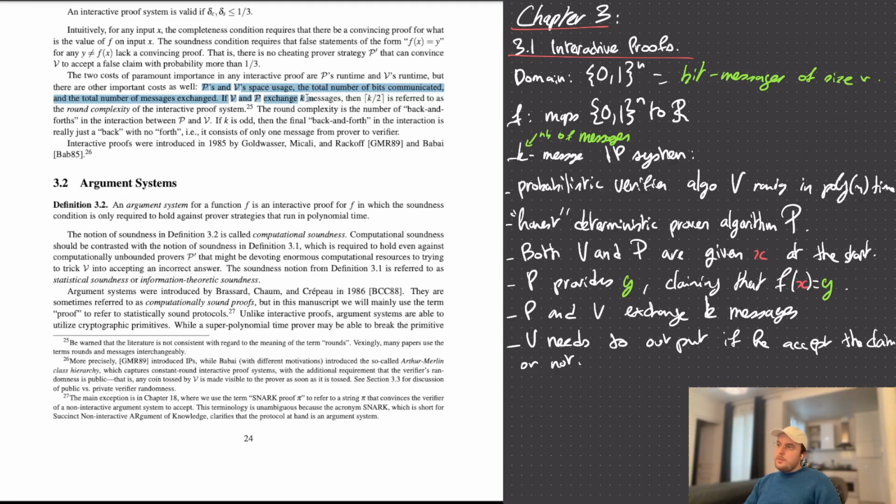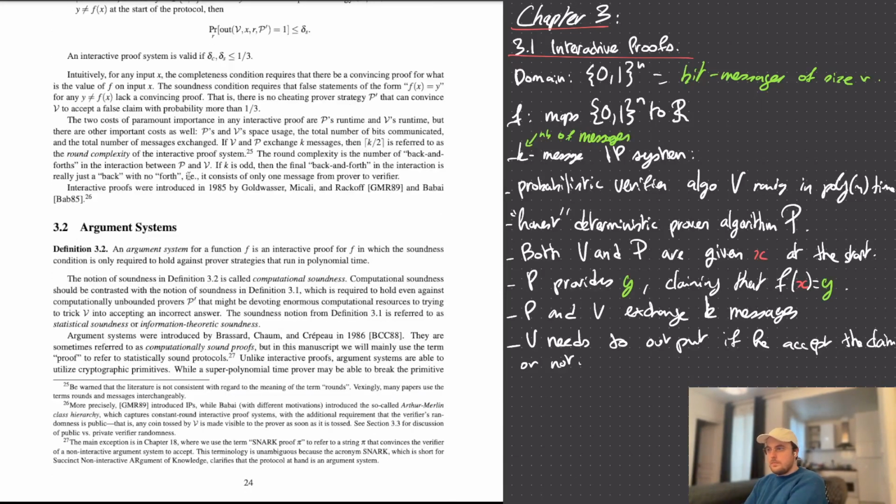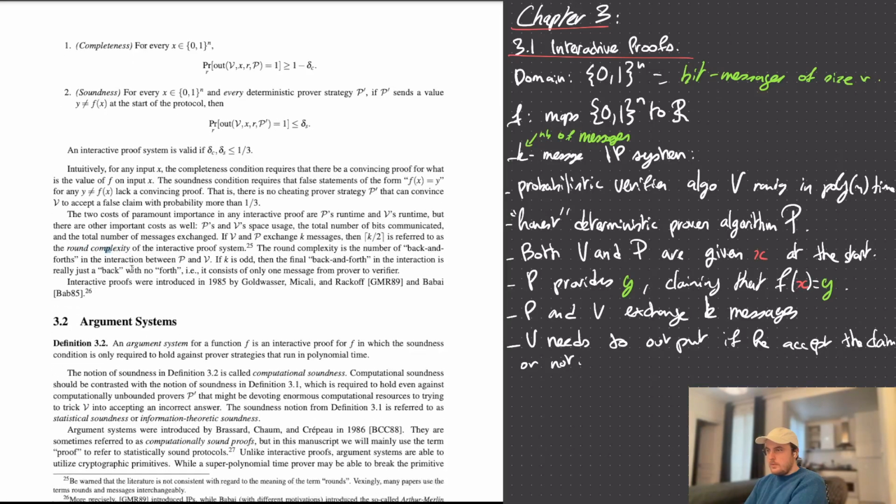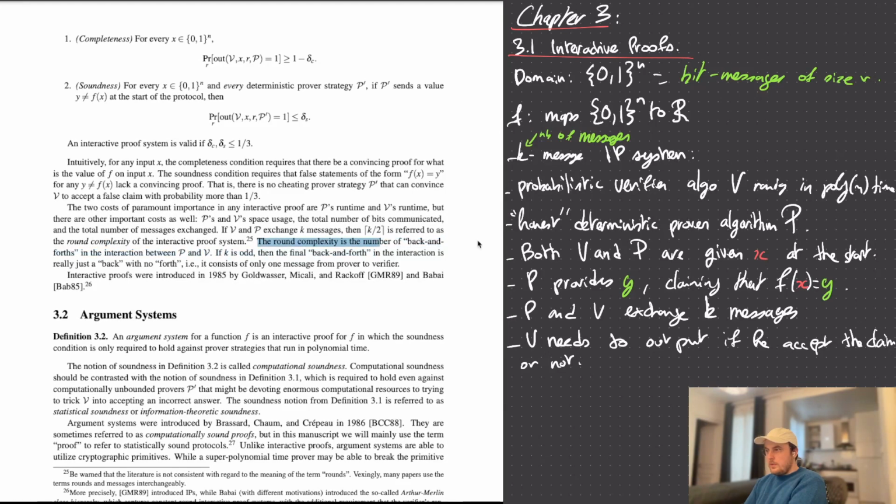If V and P exchange K messages, then K divided by 2, you round it kind of, is referred to as the round complexity of the interactive proof system. The round complexity is the number of back and forth interactions between P and V. If K is odd, then the final interaction is just a back with no forth.